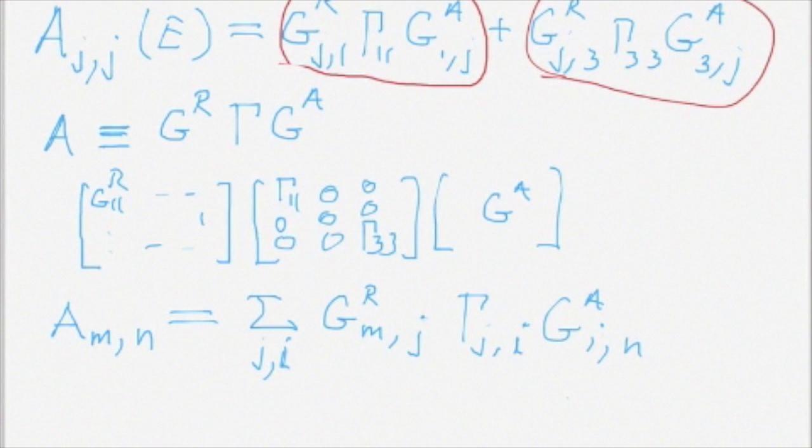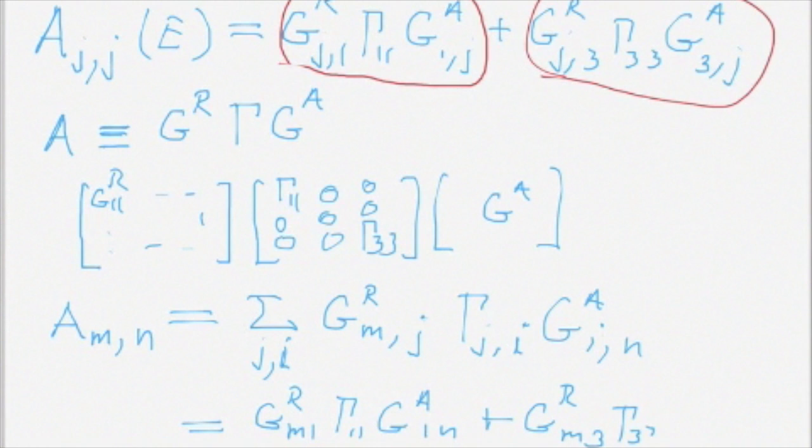So in all that sum, there's only two terms, which we've already written down. So that's equal to G^R_M1 gamma_11 G^A_1N plus G^R_M3 gamma_33 G^A_3N.